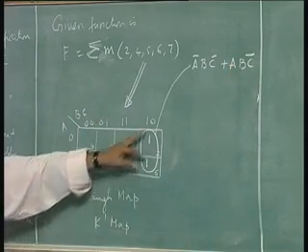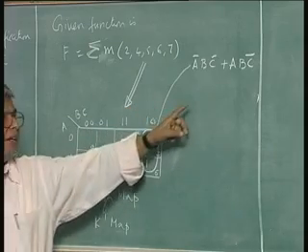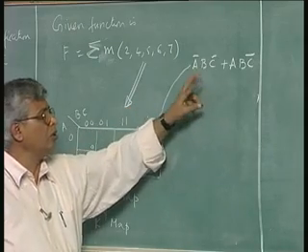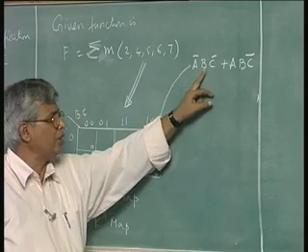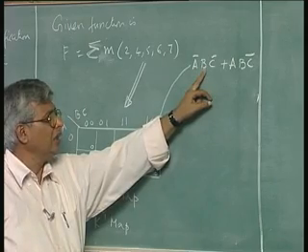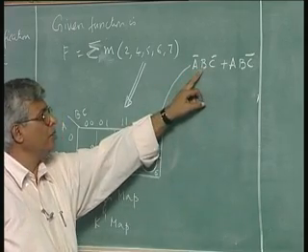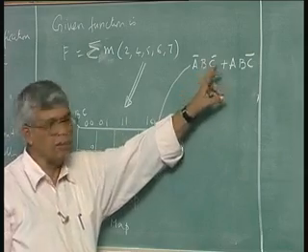Correct? These two together can be written like this, and what is common between these two? B is common and C bar is common.